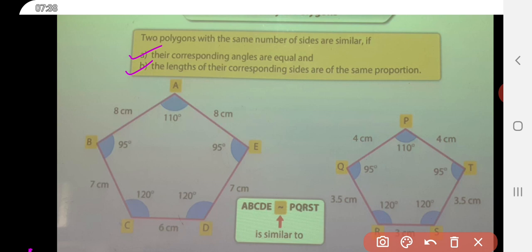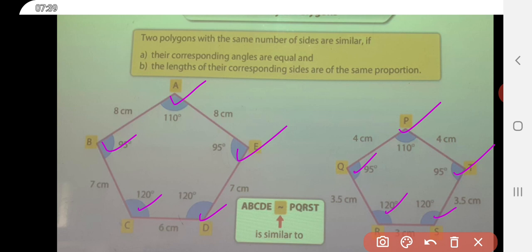So, here you see angle A corresponds to P, angle E corresponds to T, angle D corresponds to S, angle C corresponds to R, angle B corresponds to Q and they are equal. That means their corresponding angles are equal. Now we see whether their corresponding sides are proportional or not.